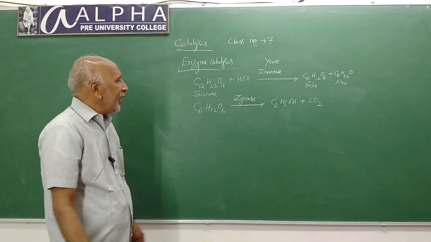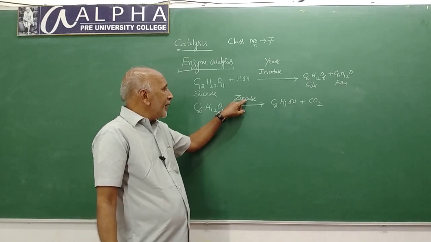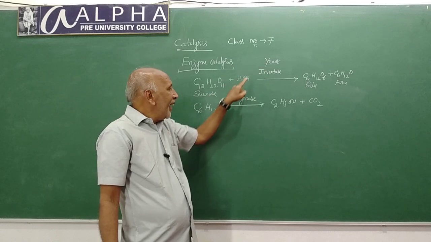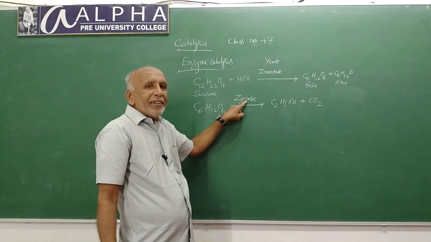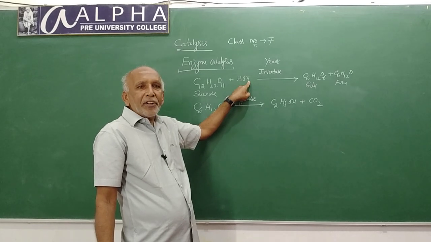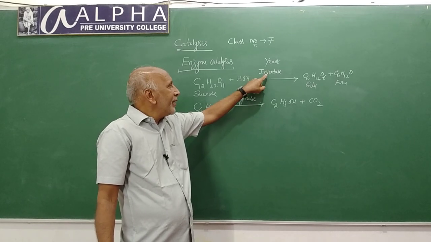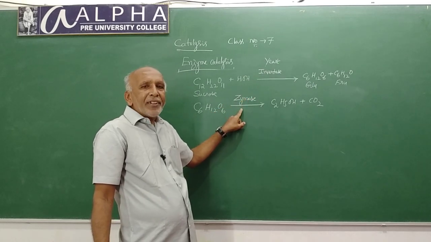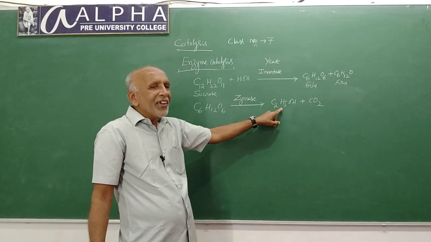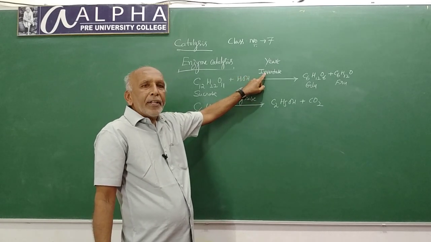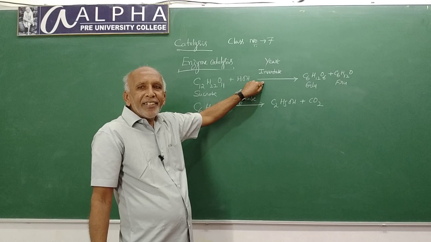This enzyme zymase is also present in yeast. Here, zymase does not catalyze the hydrolytic reaction, whereas invertase does not catalyze the conversion of glucose into alcohol, because invertase acts as catalyst only in this reaction.